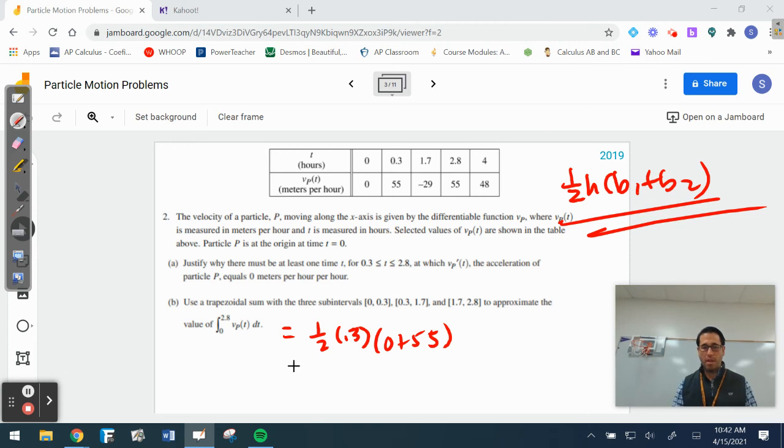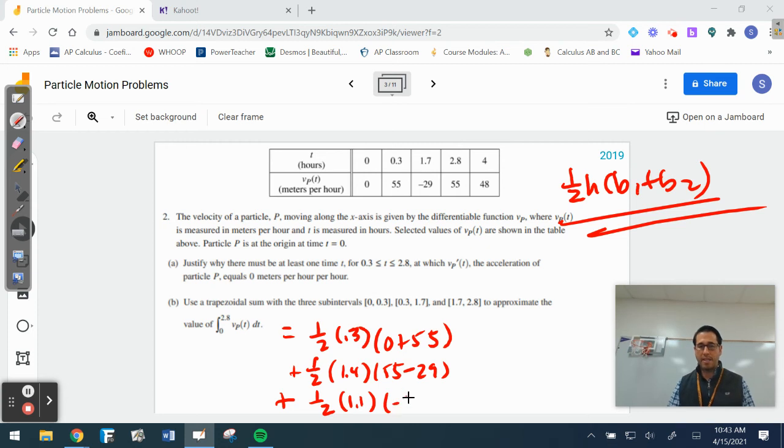And then what's my next one? Plus 1/2, it'd be 1.7 minus 0.3, so that'd be 1.4, and then my heights would be 55 and a negative 29. Plus my last one would be 1/2, and I'm only going to 2.8, so what would this difference be? That'd be 1.1 from 2.8 to 1.7, and then it'd be a negative 29 and a 55.